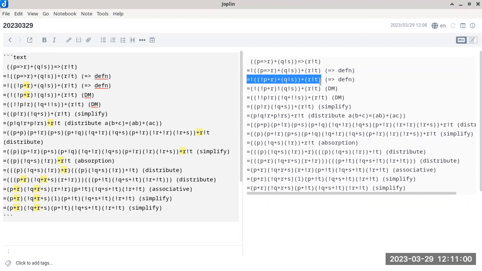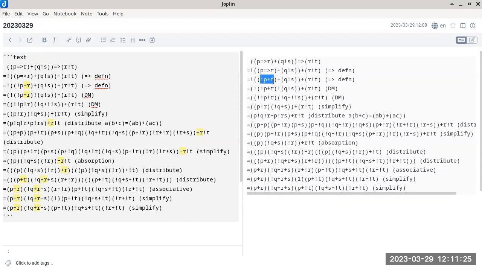Okay, so the first thing we need to do is to find out what this negation is being applied to. And this is basically a matching of the parentheses. So this negation here is applied to this entire thing. And the conversion is taking P implies R into not P or R. That's the only change between these two lines.